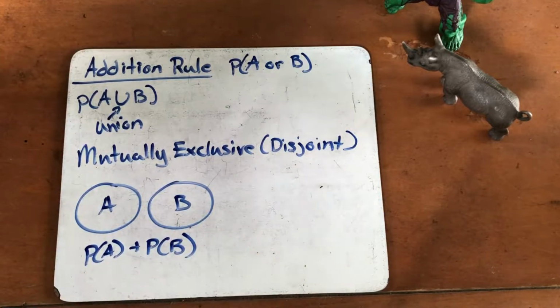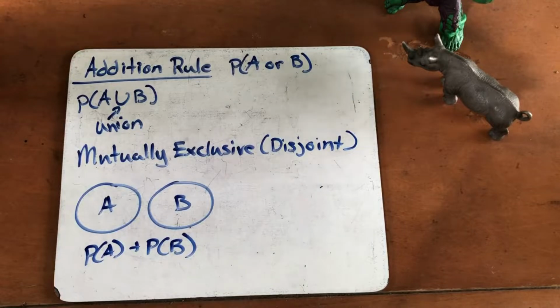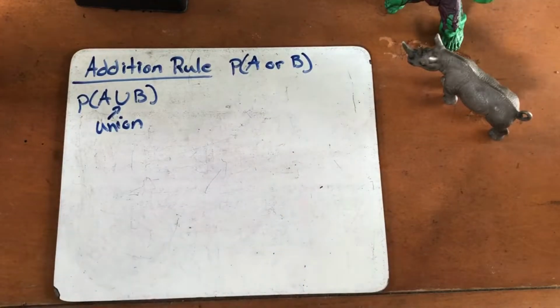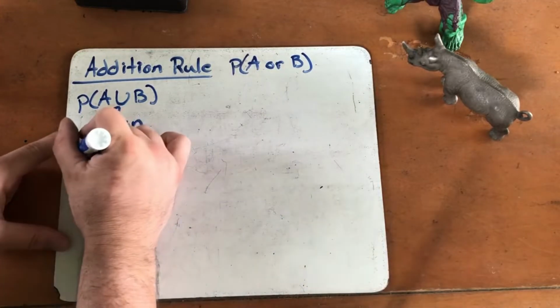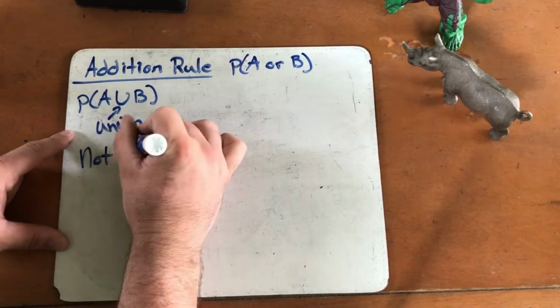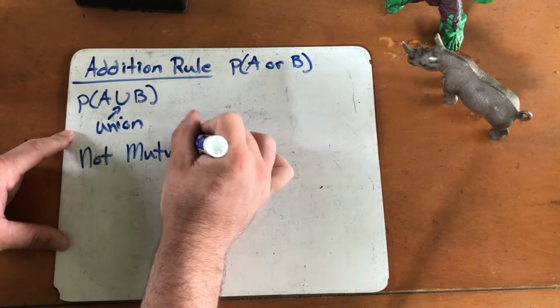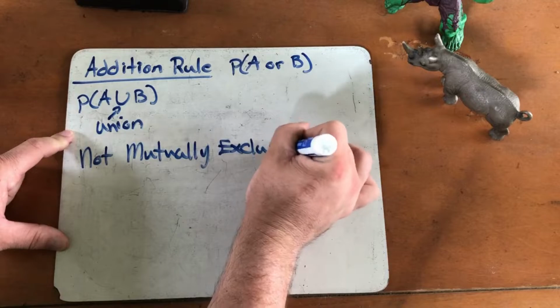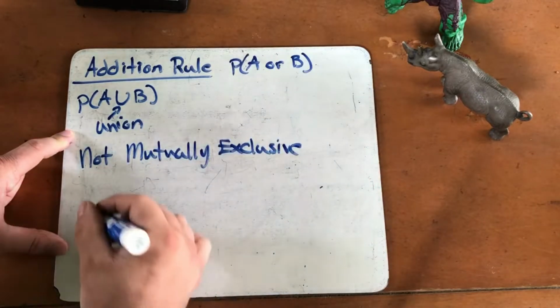When the events are not mutually exclusive is when it generates the problem, or the more difficult aspect of the addition rule. When the two events are not mutually exclusive, there is some sort of overlap.